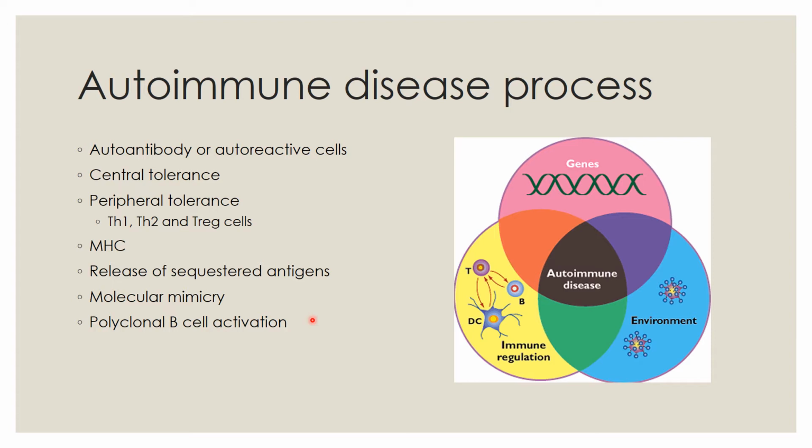But that's regulated by Th1 cells. So only one particular clone, a single clone of B cells, should be activated. If you get multiple clones activated, you're much more likely to produce varied antibodies that could potentially react with self-antigen. Okay, you have less control. So we really don't want polyclonal B cell activation. We want a single clone to be activated, not multiple clones.